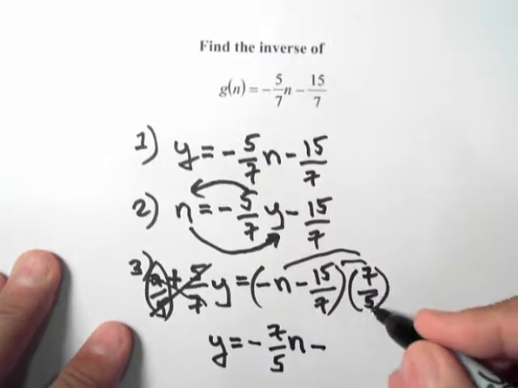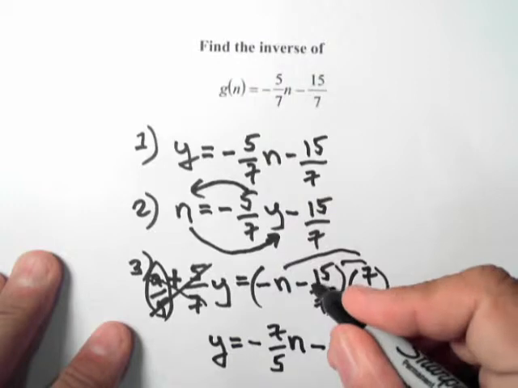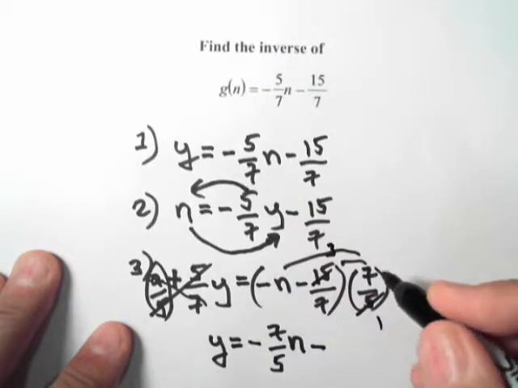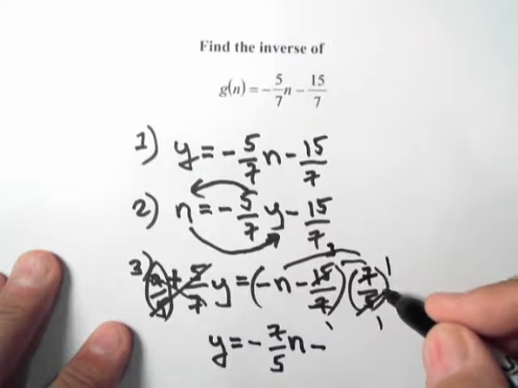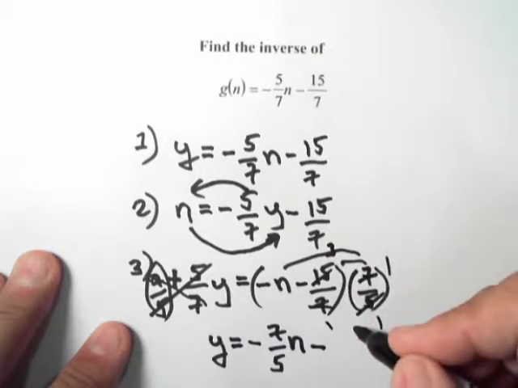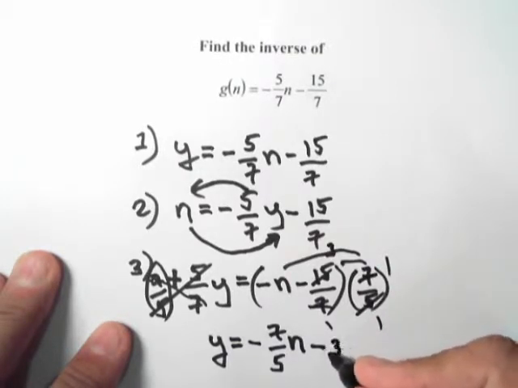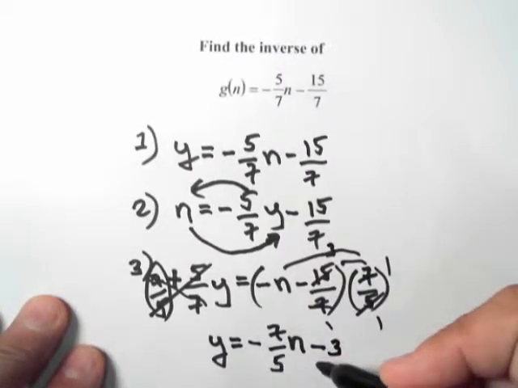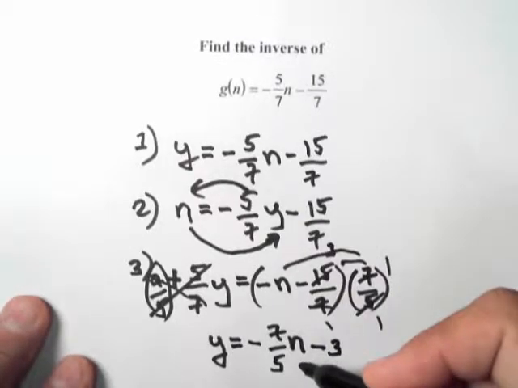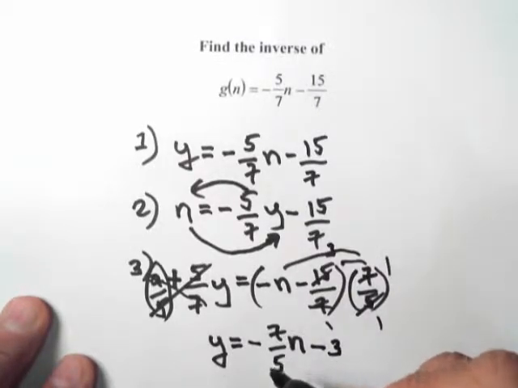But we can do some cross-canceling here. 5 goes once here, it goes 3 times here. And the 7s cancel each other out. So this is 3 over 1, so it looks to me like it's just negative 3. Well, okay, we were able to solve cleanly for y equals. So that means then that this is the inverse.